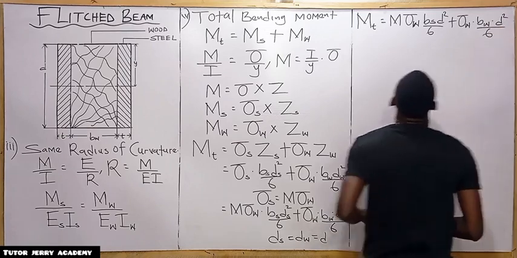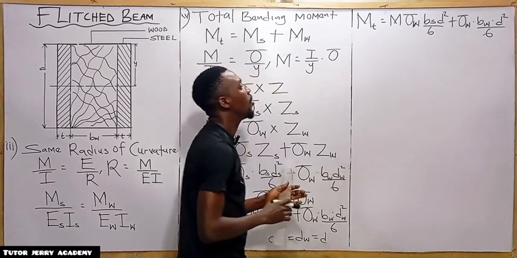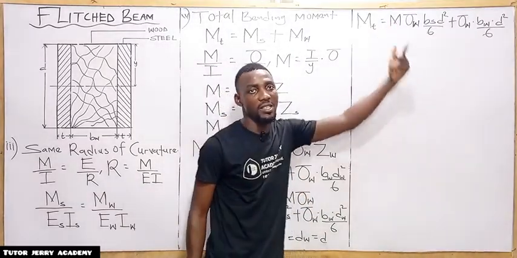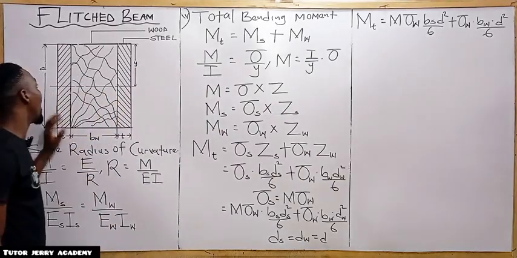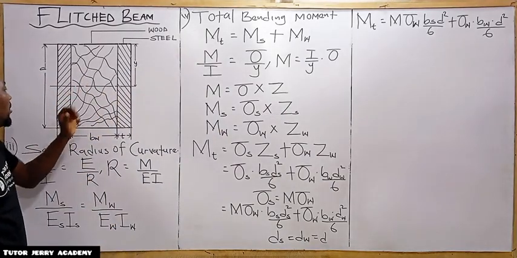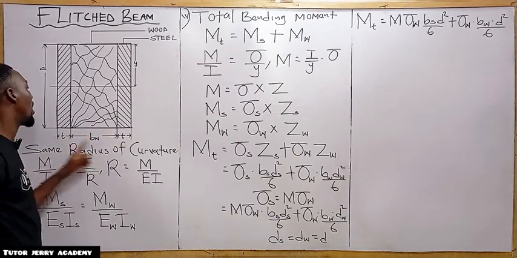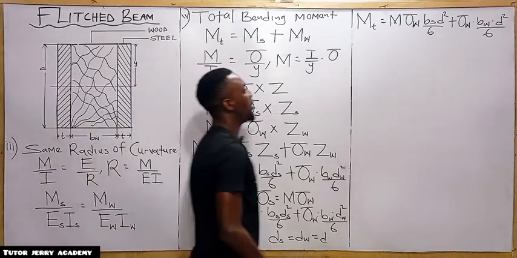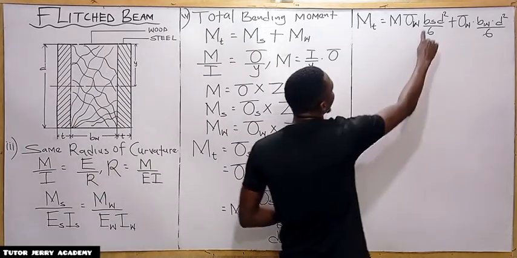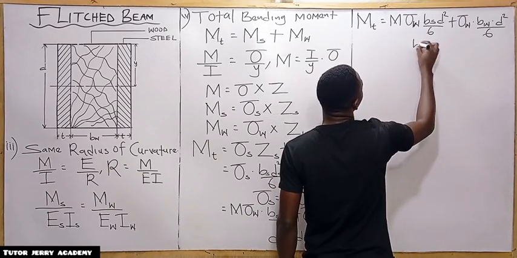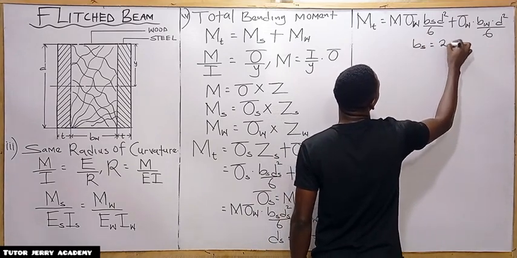All right. Now, you are going to recall carefully that we have two steel plates, and their base is T, that is the thickness. So we are going to have 2T. So the base of the steel is equal to 2T, and we are going to replace what we have here with 2T. So B subscript S is equal to 2T.